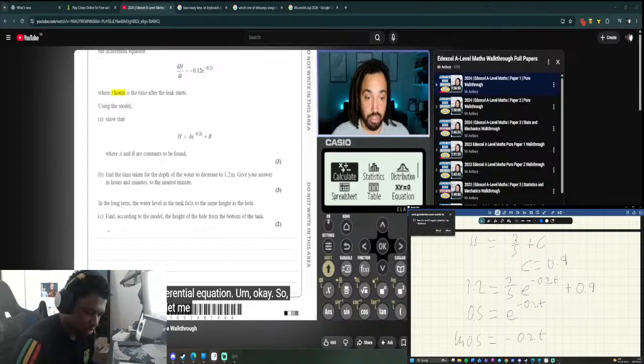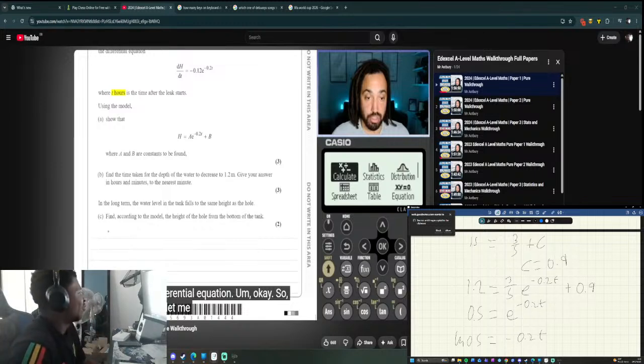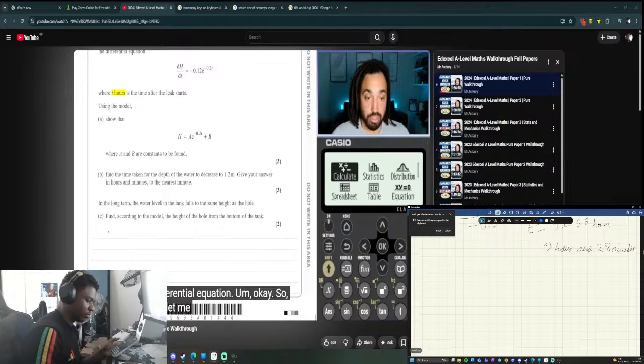Why does it get smaller? Oh, it just gets really small. It gets really small. Okay, well, it's 0.9. I want to hear his explanation.